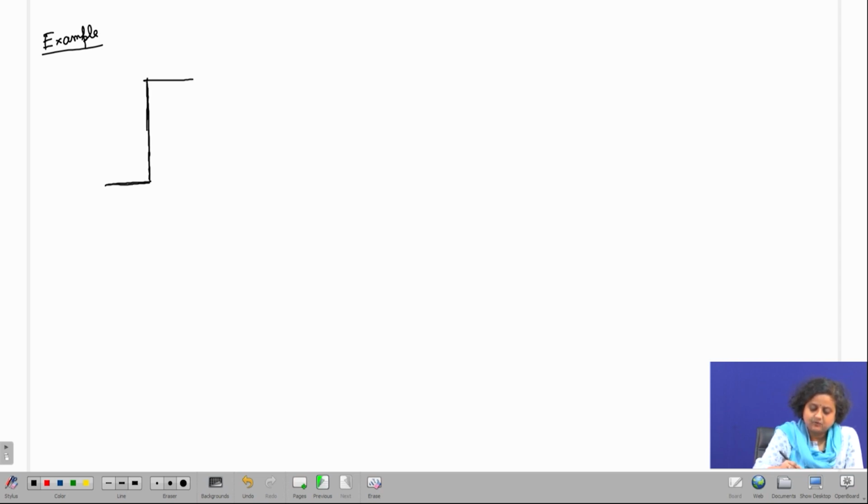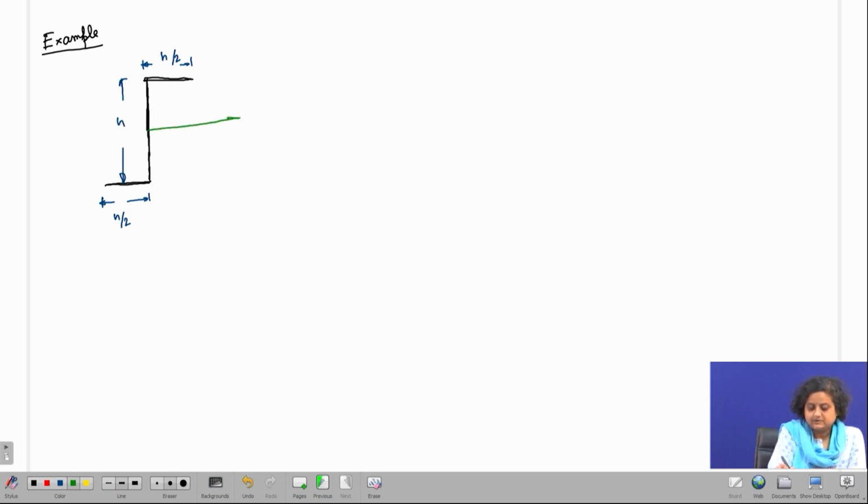As explained before, I am drawing the center line of the cross section. This length is h by 2, this length is also h by 2, and this distance is h.